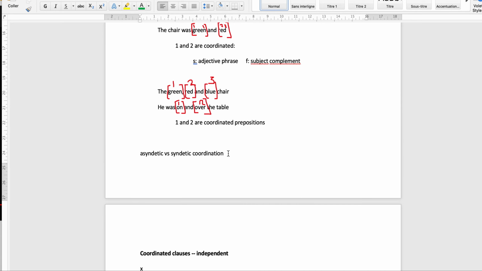And lastly, what we're going to see here is, I want to look at this question of asyndetic versus syndetic coordination. Start with syndetic.